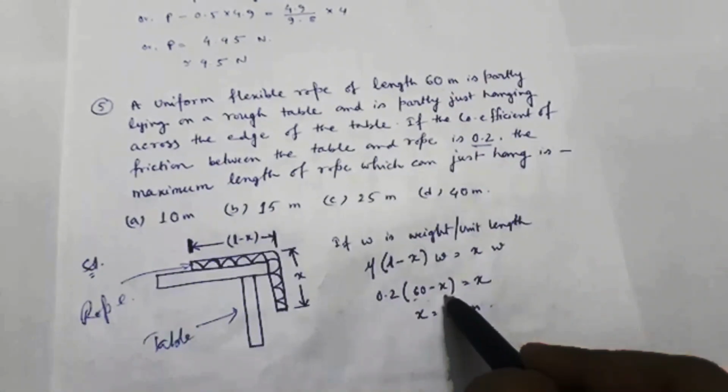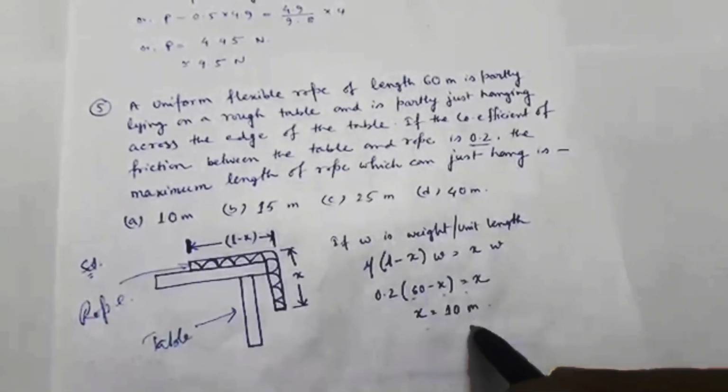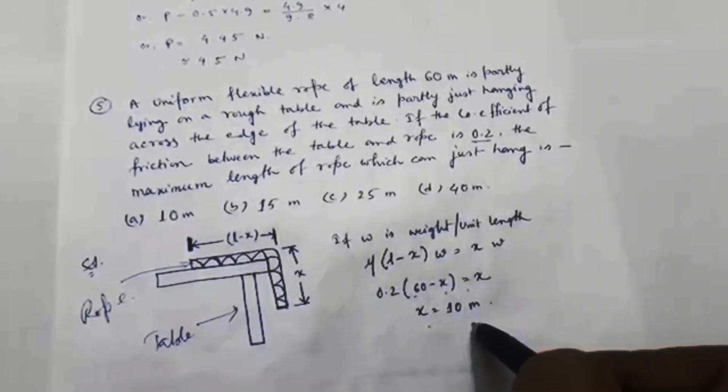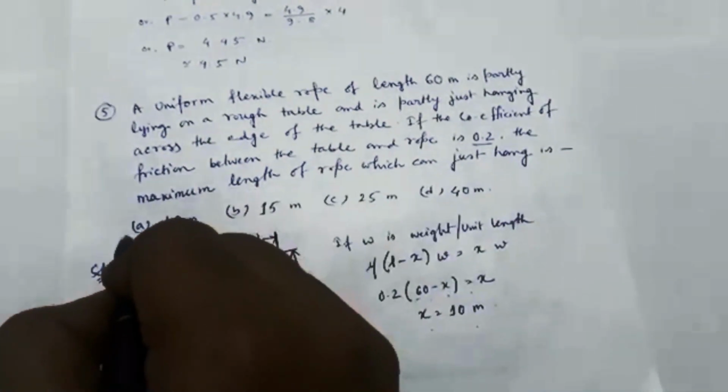We have to find x. So x equals 10 meters. So the maximum length of the rope that can hang should be 10 meter.